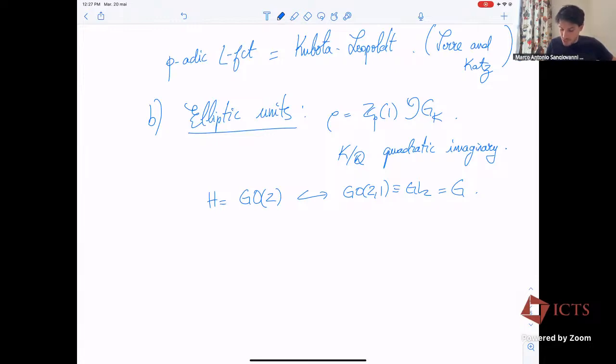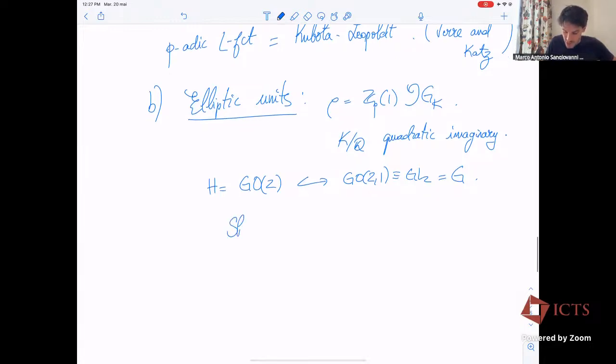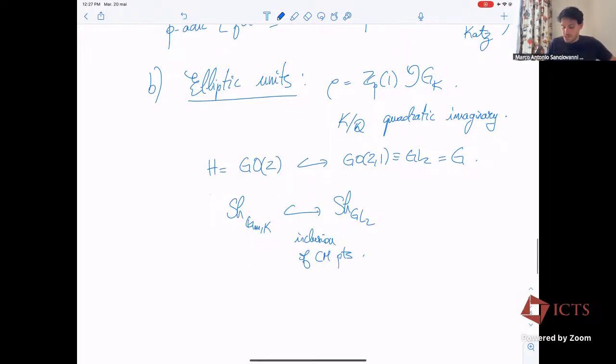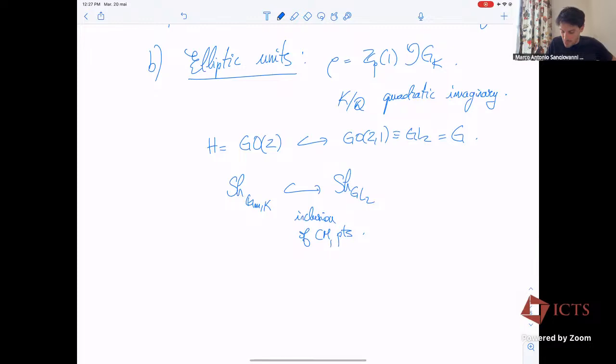And so you'd consider these groups, and then the Shimura variety for H. So this is just the Shimura variety for GM over K inside the Shimura variety for GL2, which is just the inclusion of CM points with respect to K inside the Shimura variety for GL2. The family pi chi is as before.